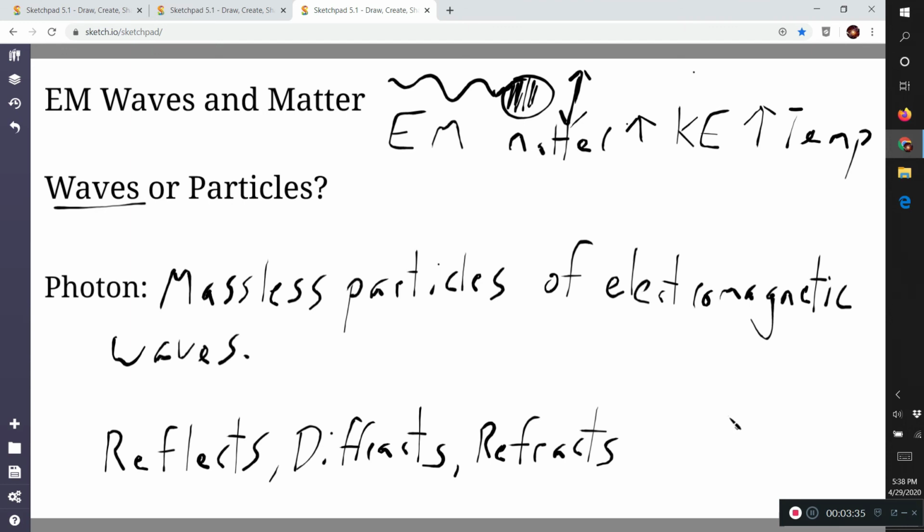So it has all the wave properties that we know and love, but then it also has certain behaviors that act like particles. And so based on this, we have what we call the dual nature of light, or dual nature of electromagnetic waves. Electromagnetic phenomena behave as waves and particles, and it's kind of unique to them.